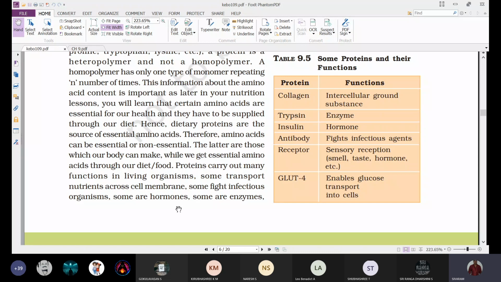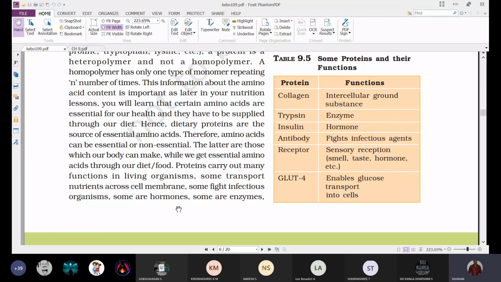These integral proteins which are present in the cell membrane are involved in the transport of substances from one side of the membrane to the other side. So they are involved in transport of nutrients across the cell membrane.